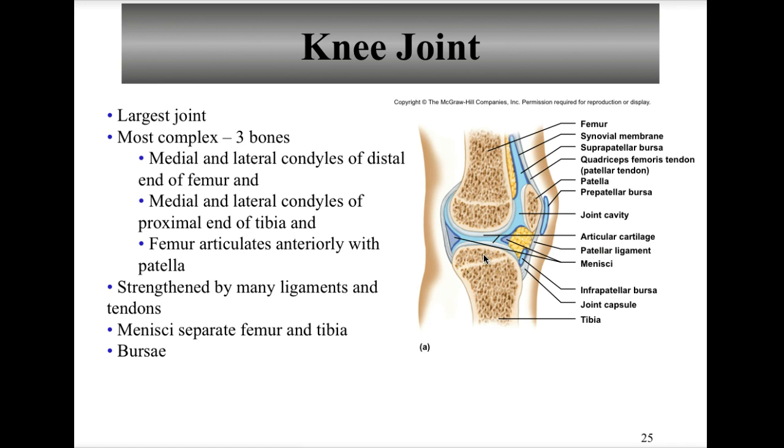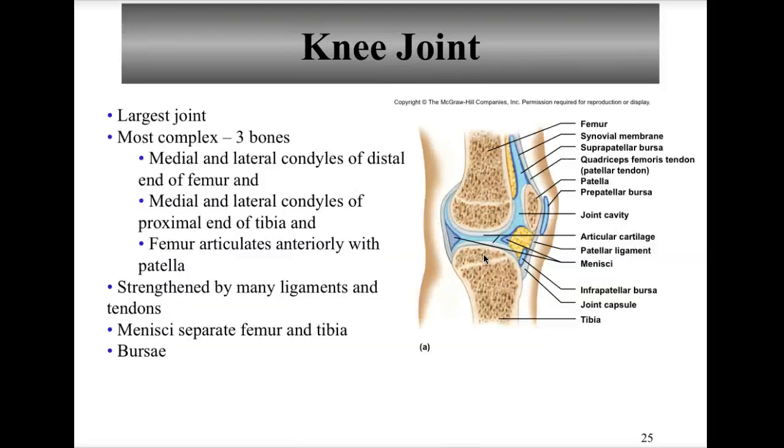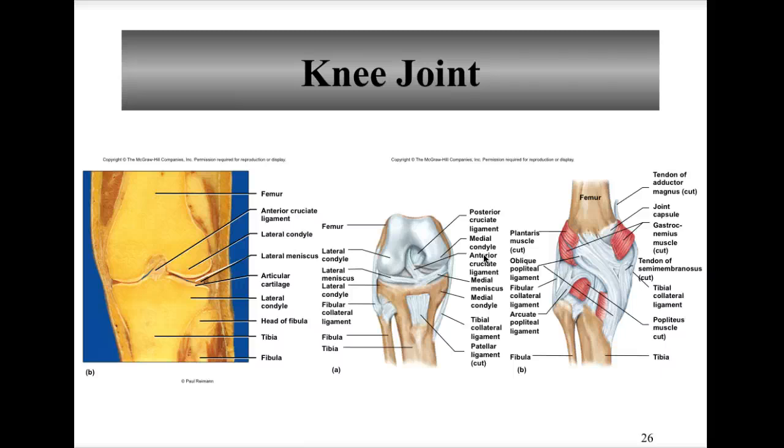So if you look in there, you have the extracapsular ligament. I'm going to flip to this page here. The extracapsular ligaments are found on the outside of the joint capsule. You also have the patellar ligament, so outside the joint capsule, the patellar ligament.